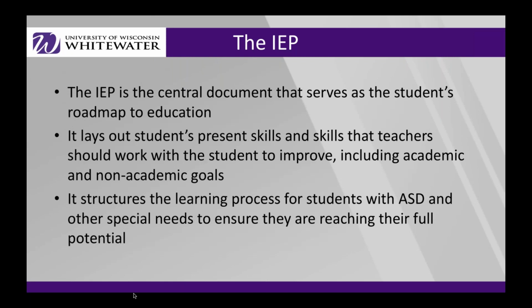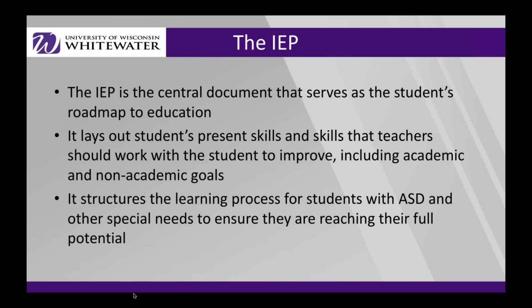The IEP is that contract that the parent has with the school district. It lays out the child's present skills and the skills you should be working on with that child across the board, both academic and non-academic. And that, of course, includes vocational skills. It makes clear the supports that the student needs to ensure that this happens.